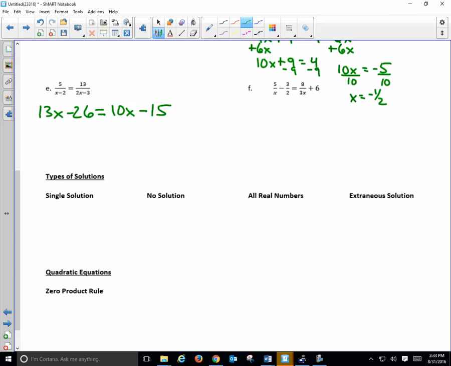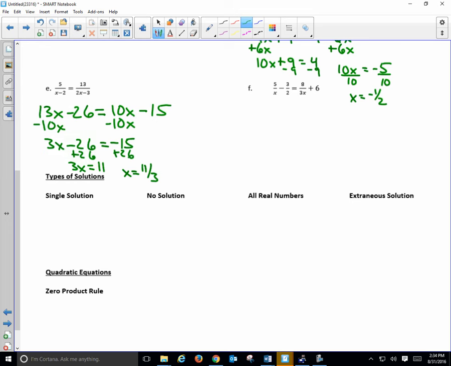And now we solve. Gather my x's on one side. X is 11/3.